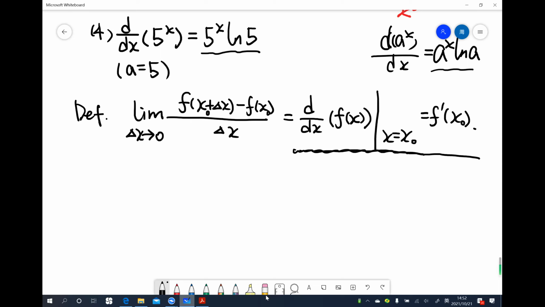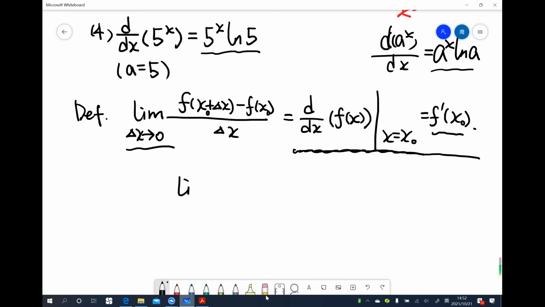So here we know the derivative is a limit. And for the limit, we have the left-hand limit and the right-hand limit, so we also have the left-hand derivative and the right-hand derivative.